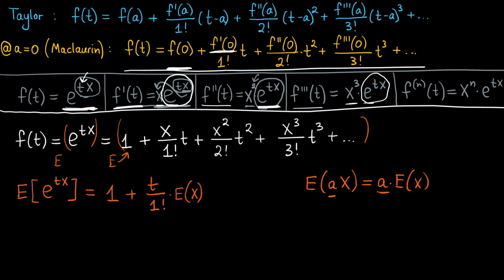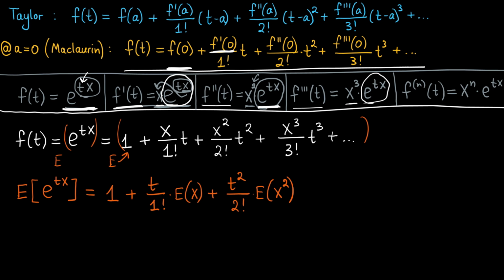Okay, and then we can keep going and applying the linearity of expectations. We'll get t squared over 2 factorial times the expected value of now x squared. Okay, that's nice.